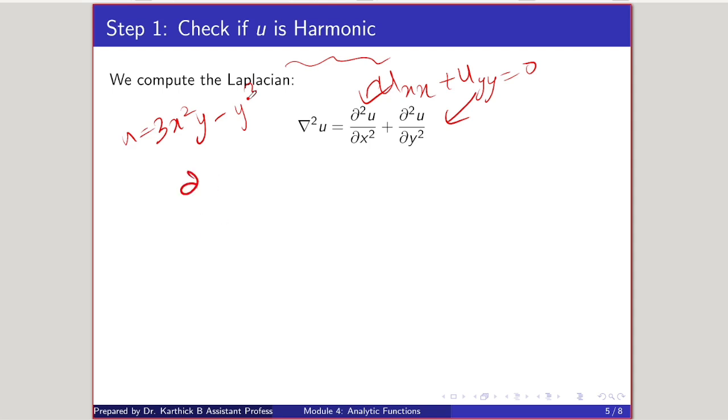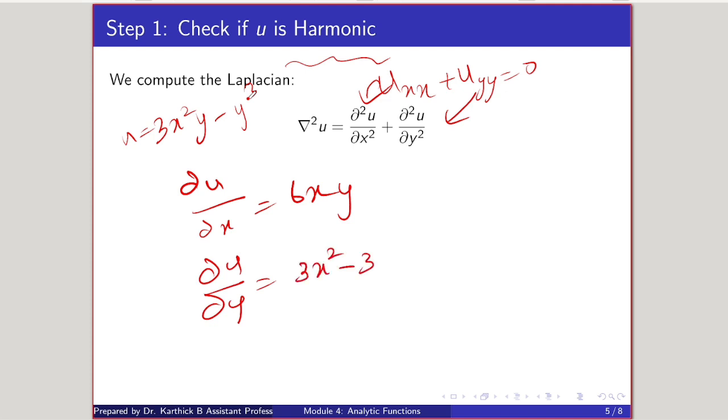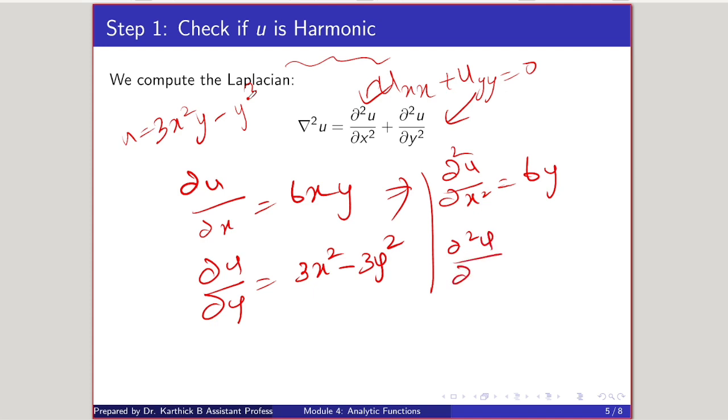Dou u by dou x, with respect to x, is 6xy. Then dou u by dou y, with respect to y, is 3x square minus 3y square. If I differentiate this again, dou square u by dou x square is 6y, and dou square u by dou y square, with respect to y, is minus 6y.